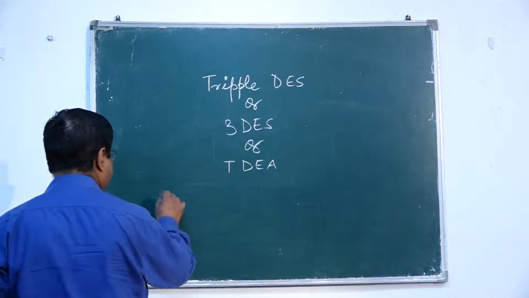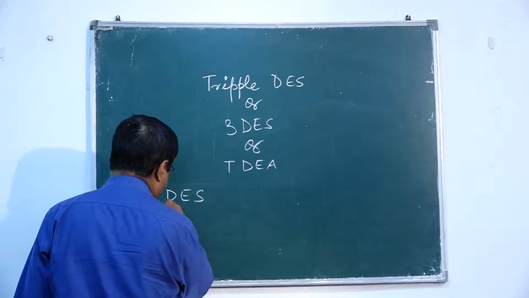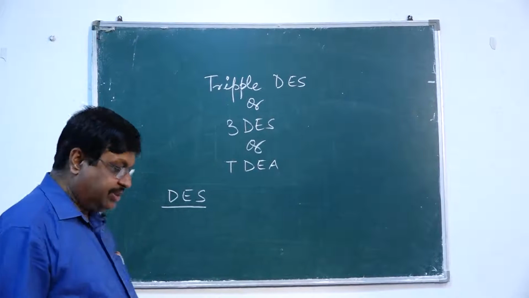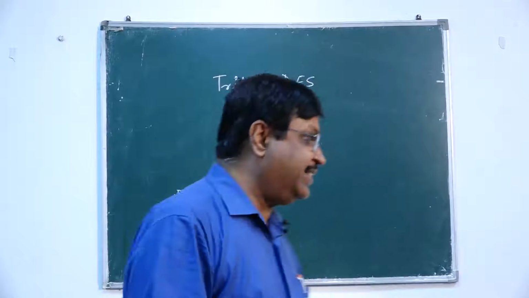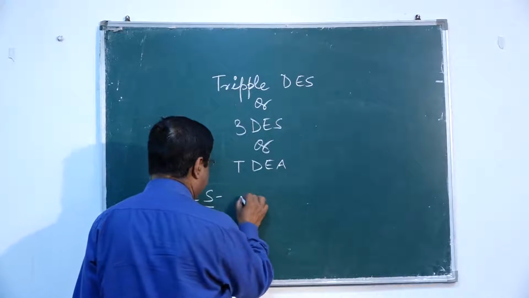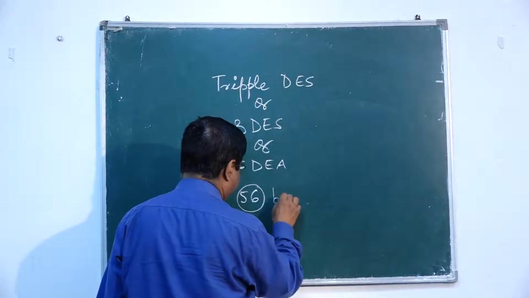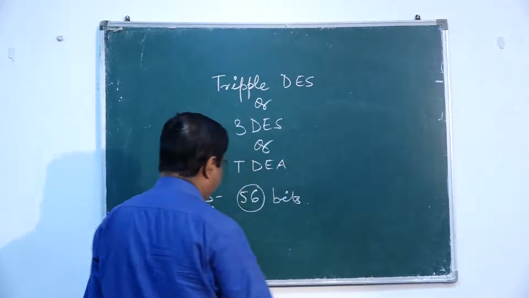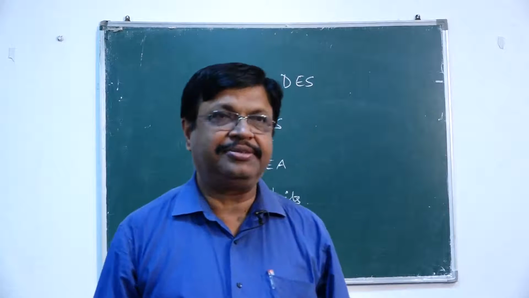So, what we have seen: DES, when first published, used 56 bits. Initially it was 64, but it was reduced to 56 bits plain text as well as 56 bits key size.